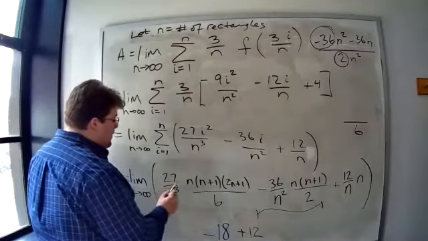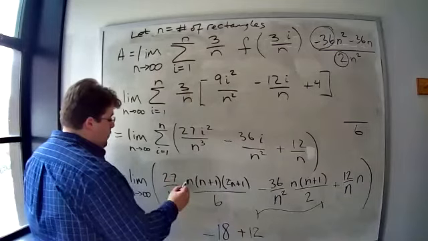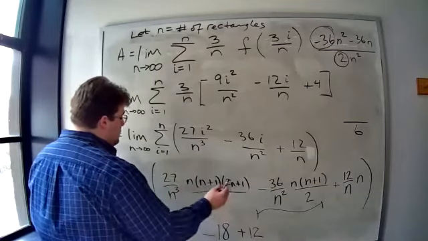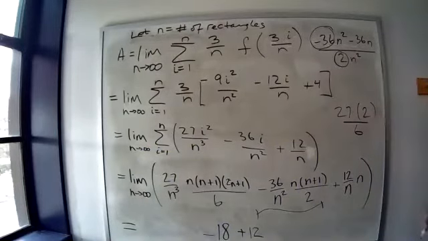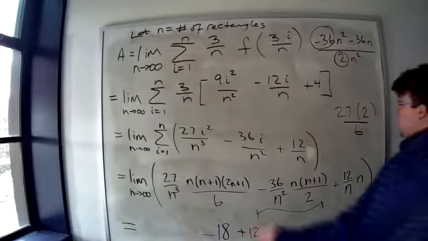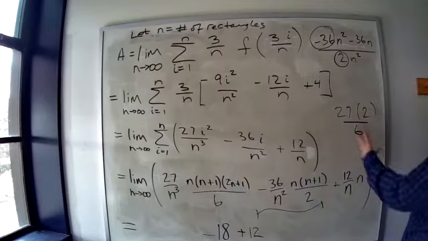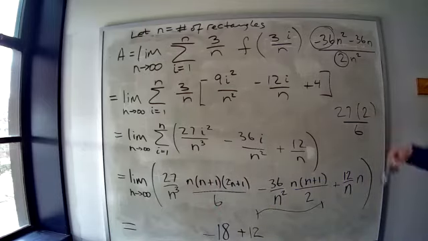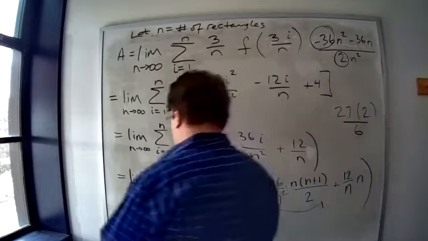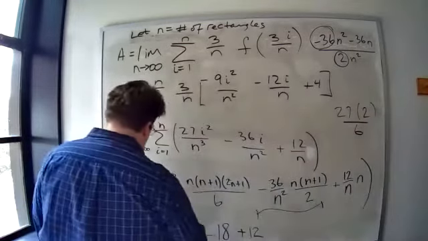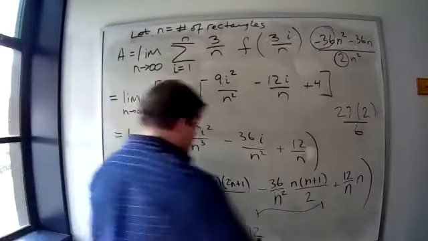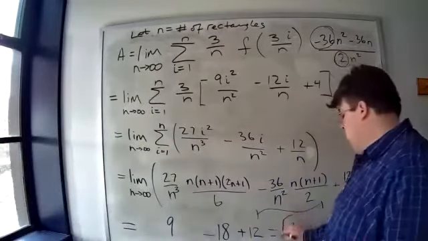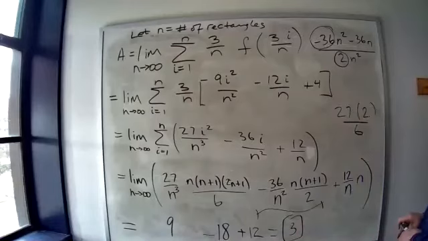So the coefficient on n cubed in the numerator is 27 times 1 times 1 times 2, and in the bottom it is 6. So that fraction reduces to what? 27 over 3, which is 9. And you add these numbers, and you get the exact area as 3.